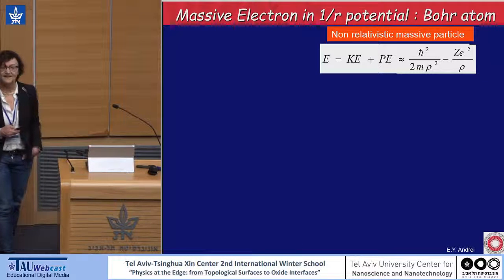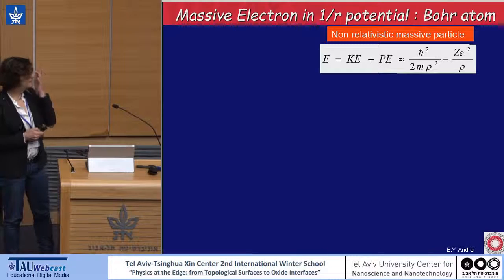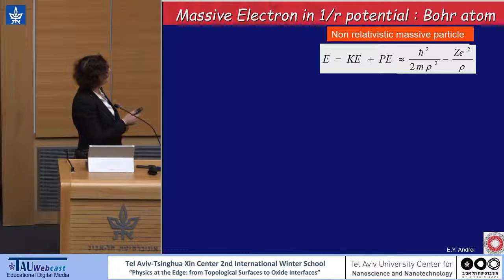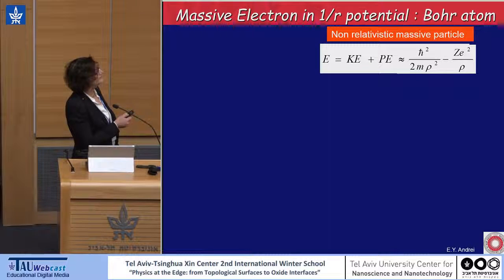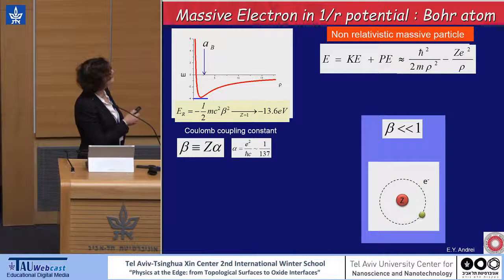But before I get there, I need the background for atomic collapse. Here is roughly the energy. If you talk about a massive electron in the 1/r potential, or the Bohr atom, and you look at the kinetic and potential energy, the zero-point energy gives you a repulsive force at low distance.